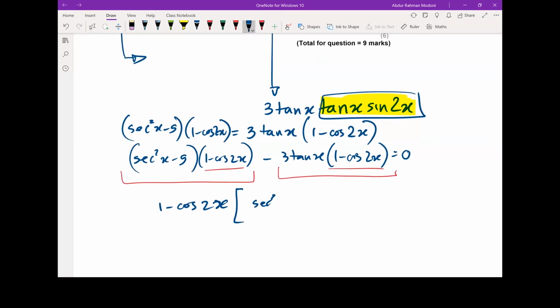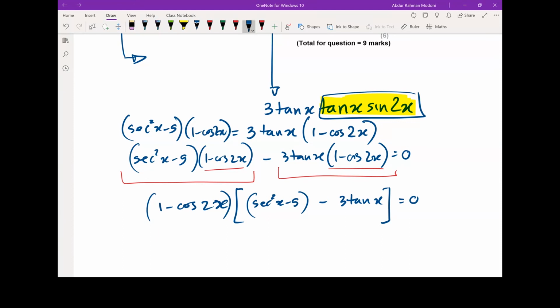Sec squared x minus 5 minus 3 tan x, all equaling 0. So this is a factor that I've taken out, 1 minus cos 2x, because it appears in both of them.